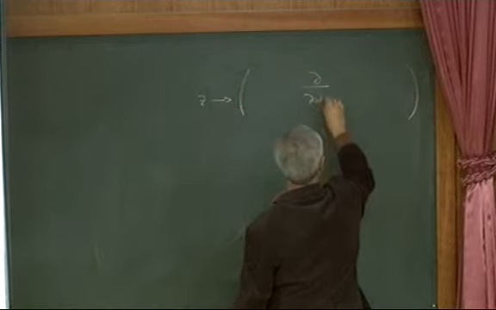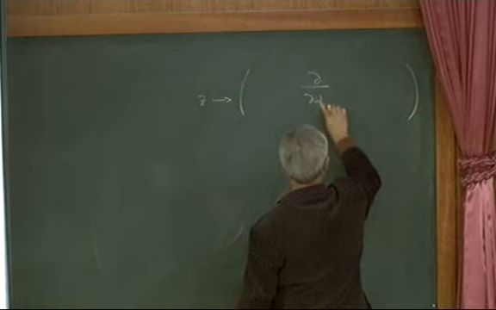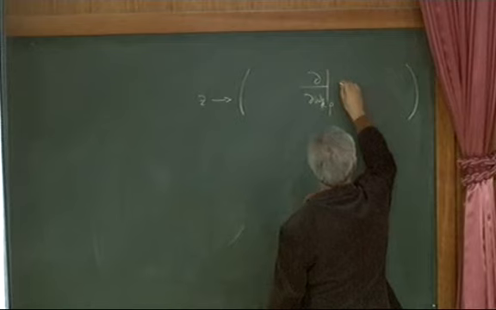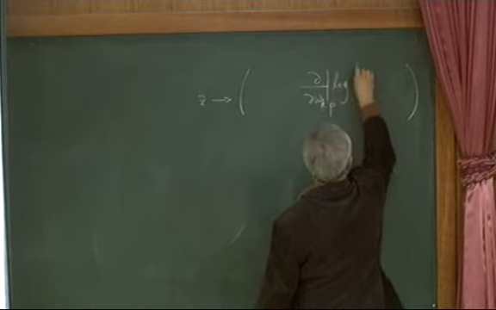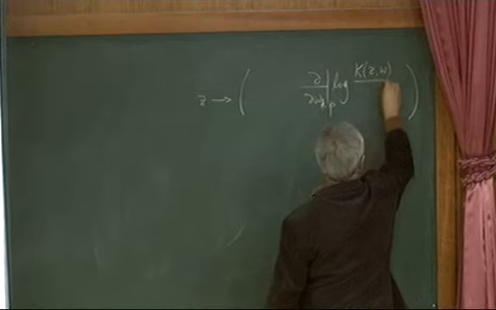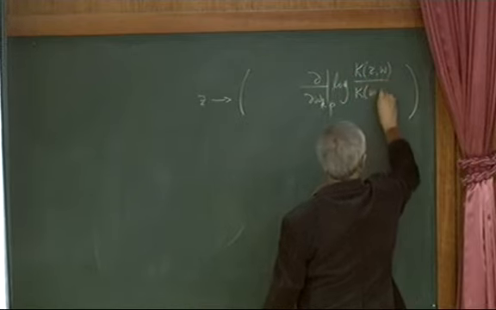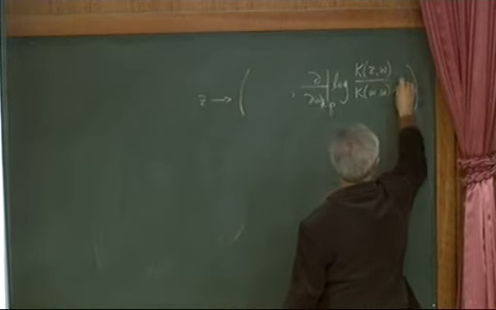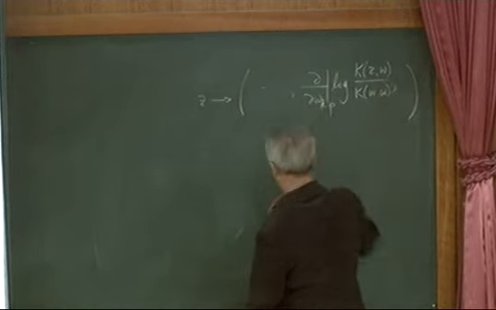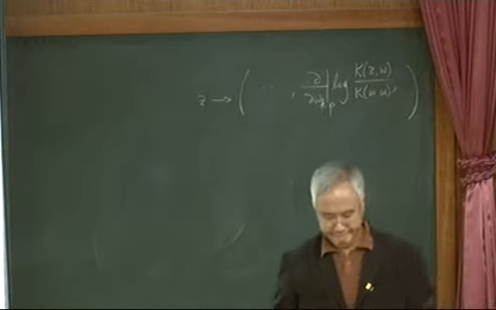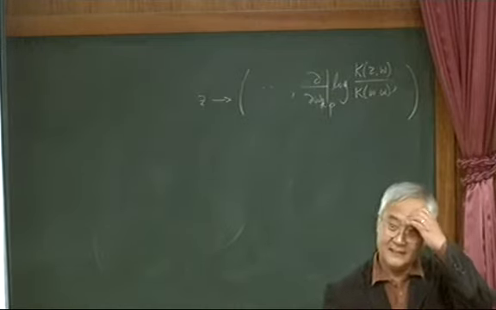So let's say W_K at P of log Bergman kernel of ZW, kernel of WW. Very funny. This is the Bergman representative map at P. Very strange, eh?